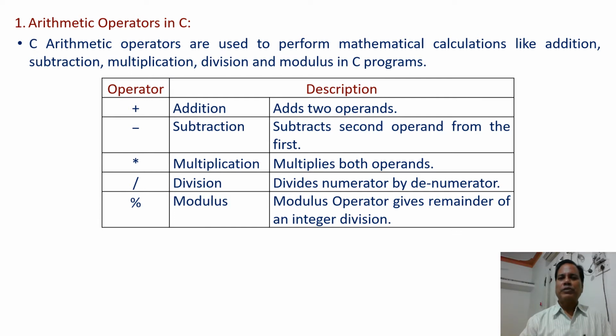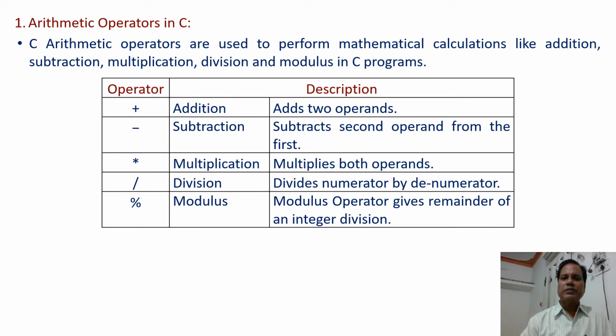Plus symbol is used for addition and it adds two operands. Minus stands for subtraction, subtracting the second operand from the first. Asterisk, that is the star symbol, is used for multiplication, and multiplies both operands.